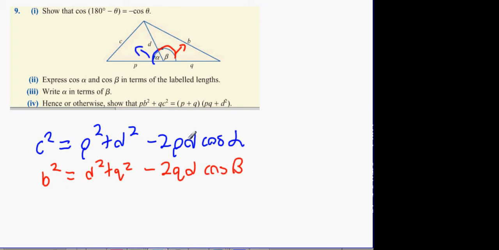Now in both of them they want me to get these ones on their own. So we're going to move them both over to the left and move this one over to the right. For the blue equation we get 2pd cos alpha equals p squared plus d squared minus c squared. Then cos alpha equals p squared plus d squared minus c squared all over 2pd.